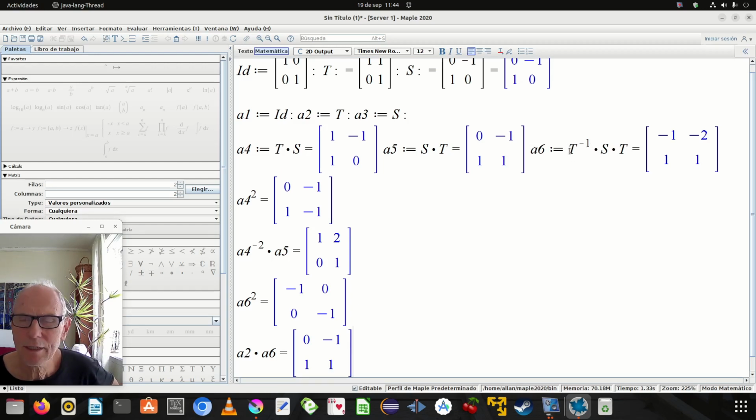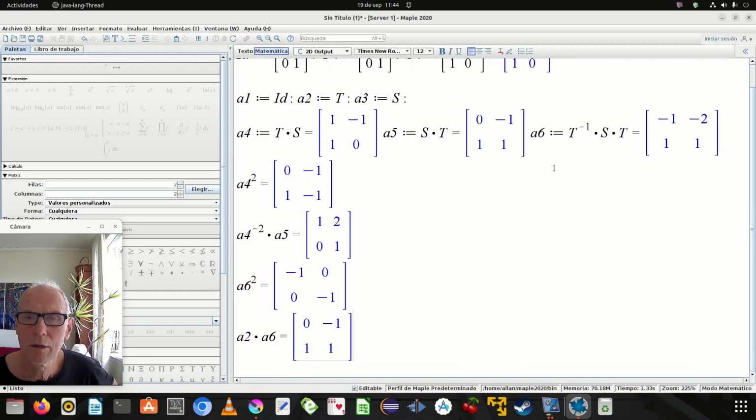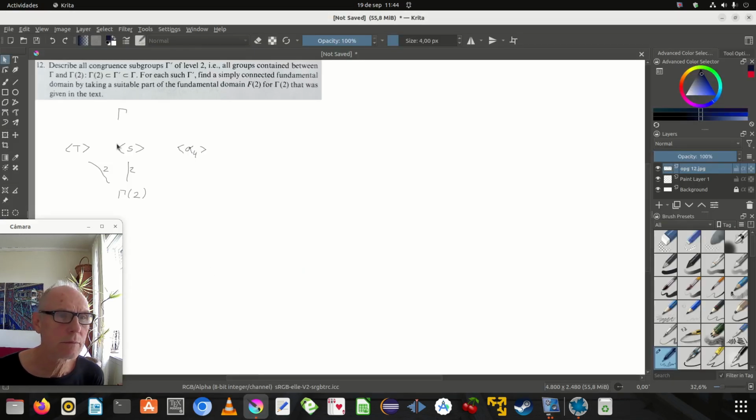And how about A6? Oh, it's a group that looks like gamma naught. You see, we have gamma naught of 2, which is this.